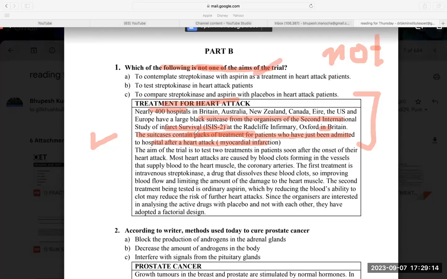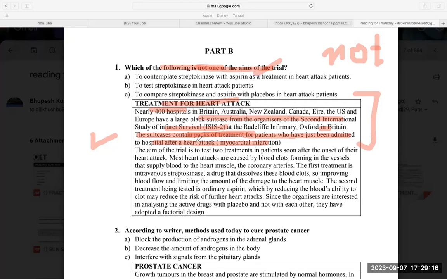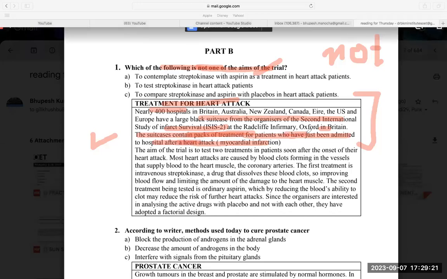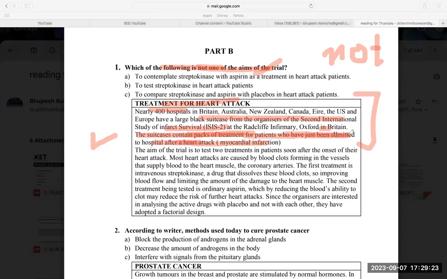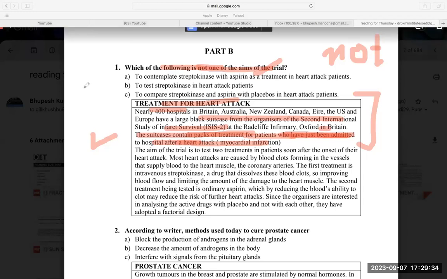But what I can understand, there is a suitcase that contains the pack of the treatment for the patients who have just been admitted. It's a passive voice. Who have been admitted, just been admitted. That means they just had a heart attack, and passive voice, who have been admitted in the hospital. So that is what we do when we do OET writing as well. The patient was admitted.